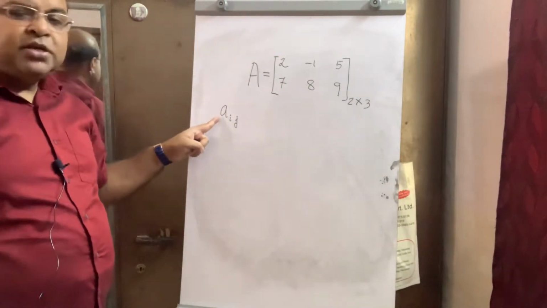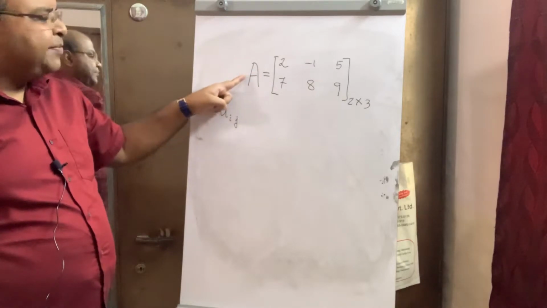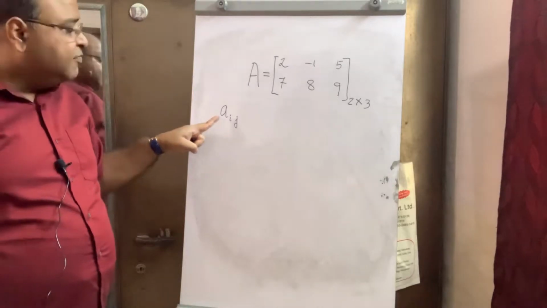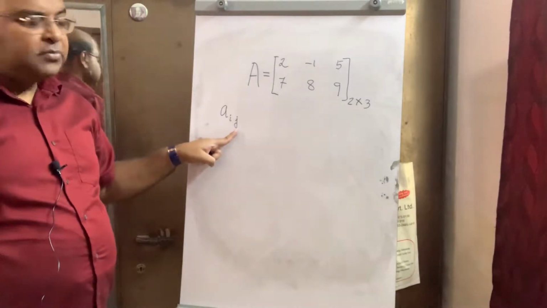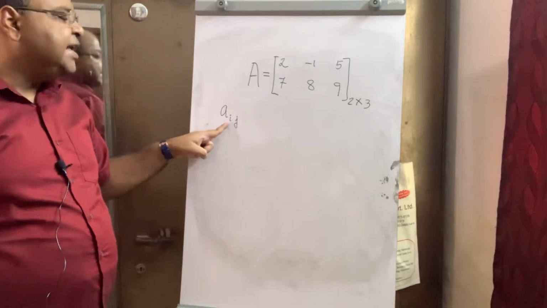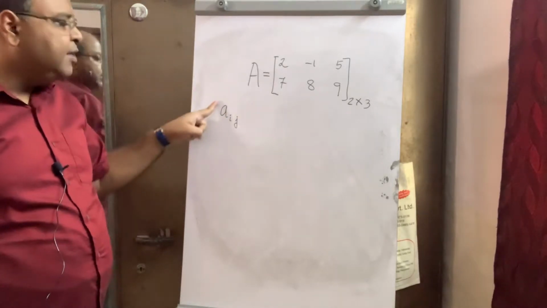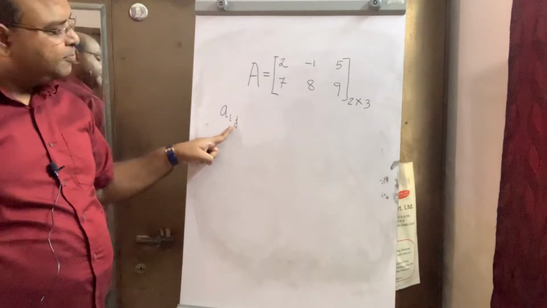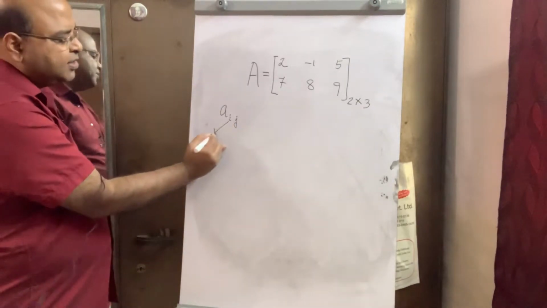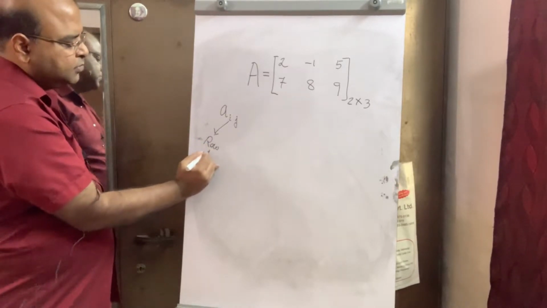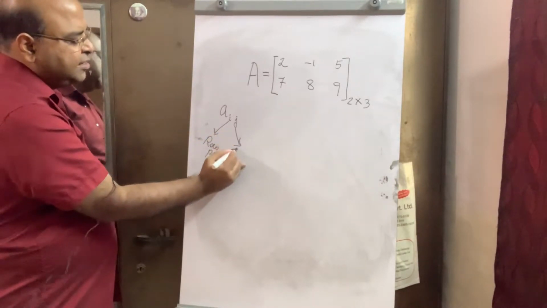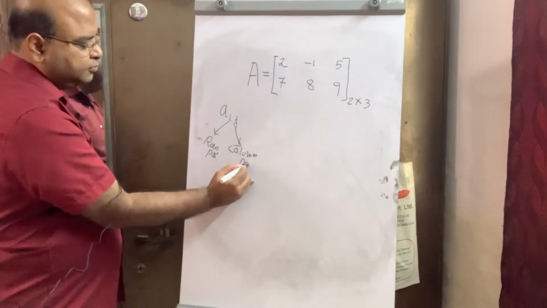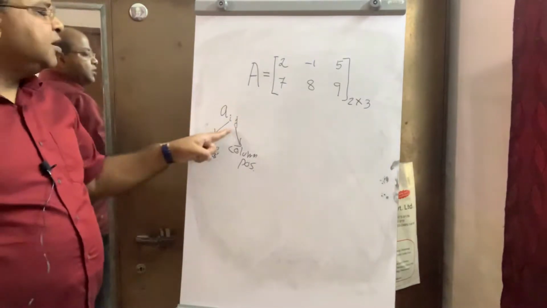We can use any other letter also, but since the matrix is named capital A, we represent the elements as the corresponding lowercase letter a with two suffixes i and j, where the left suffix i corresponds to the row position of this particular element and the right suffix j corresponds to the column position of this particular element. So this is the row suffix, and j gives us the column position.